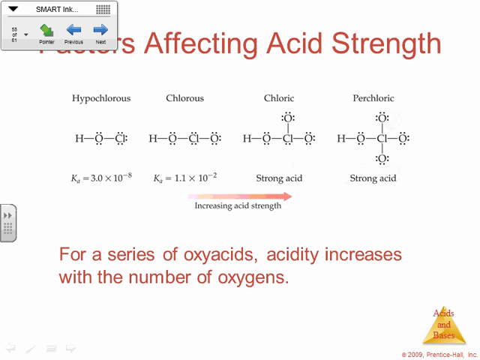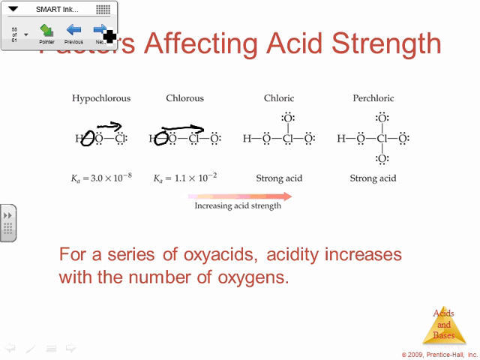So then you look at something like this, okay, and this is an example of what I just said. So hypochlorous, we just talked about that, because you've got one chlorine basically pulling the electron density away from this bond right here, okay? But then you have chlorous, now you've got two oxygens, okay? So basically an oxygen and a chlorine that are now pulling the electron density away from that hydrogen-oxygen bond.